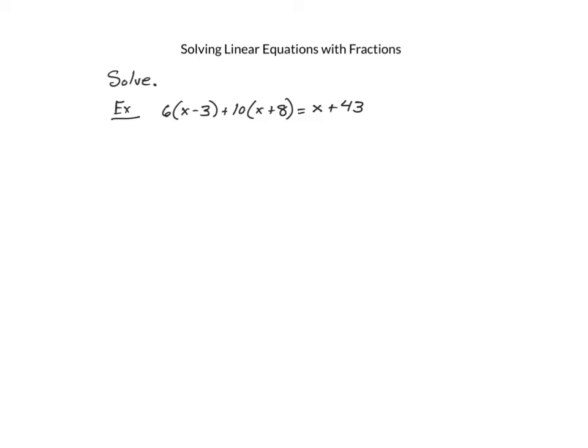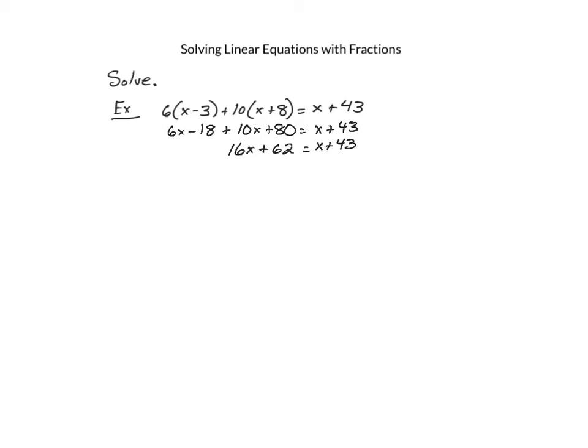There isn't anything to simplify on the right, but on the left there certainly is. So let's distribute, and we'll get 6x minus 18 plus 10x plus 80 equals x plus 43. And then when we combine like terms on the left-hand side, we'll have 16x plus 62 equals x plus 43.